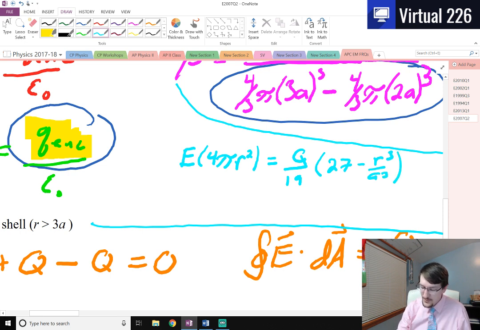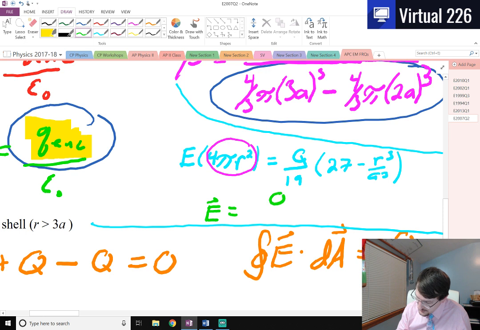And then we need to divide this by the 4 pi r squared, which is going to give us, at the very end of all of this, that the electric field equals q over, well, 4 times 19.